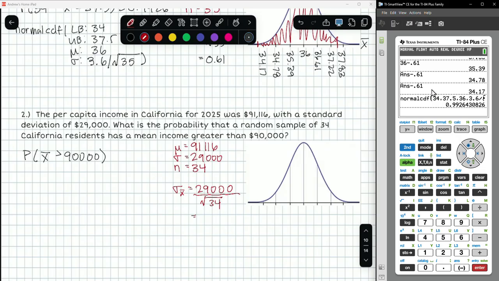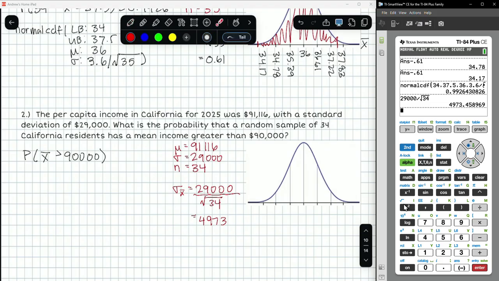And we get 4973.497. I'm going to round that down to just 4,973, just for the purposes of labeling. I already know when I put it in my calculator, I'm going to put the exact value.